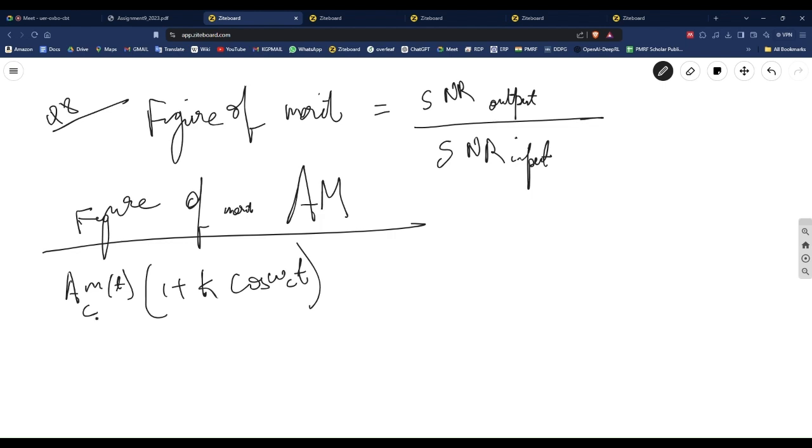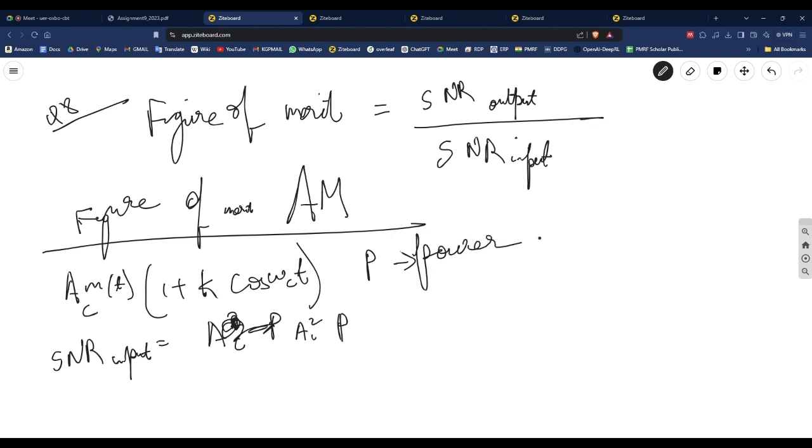So the SNR input will be AC square P, sorry, AC square the P, where P is the power of the message signal.